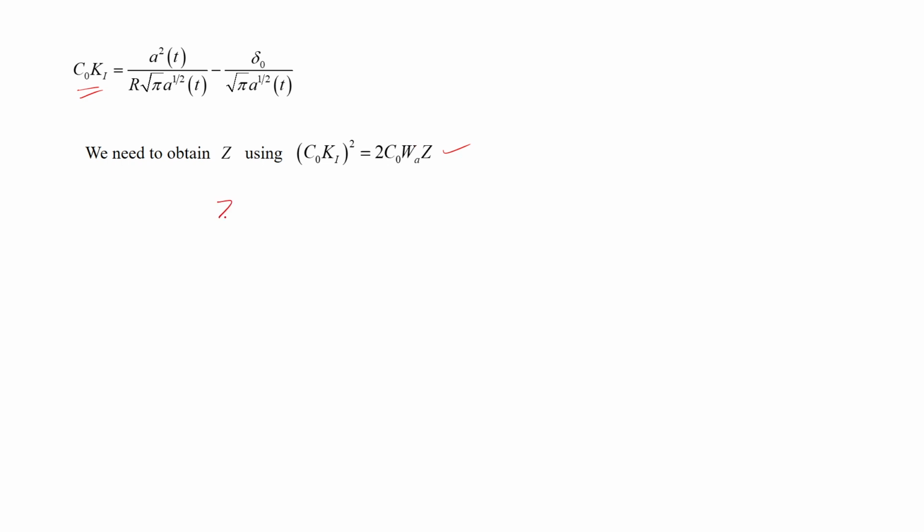Therefore, z here can be obtained as 1 by 2 C0 W m, and this is a square by t and r square root of pi, and a here minus delta 0 by square root of pi, and a is of course a function of t, and this is squared.